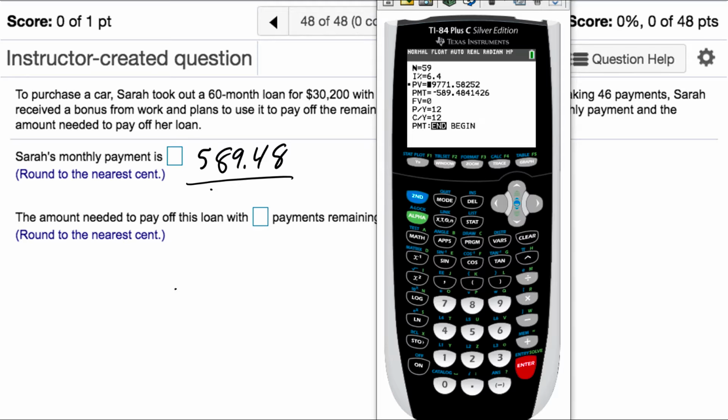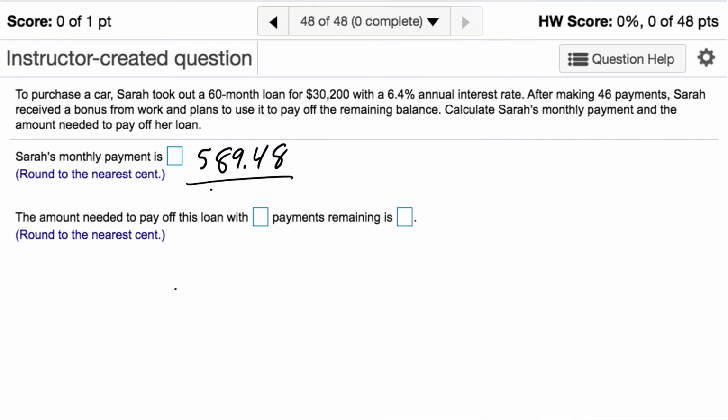So in our problem, Sarah has made 46 payments. Now it's a 60-month loan, so that means she has 14 payments remaining. That's one of the questions that we wanted to answer. And then we want to know the amount as well. I got that 14 by taking 60 minus 46. So she's got 14 payments remaining.